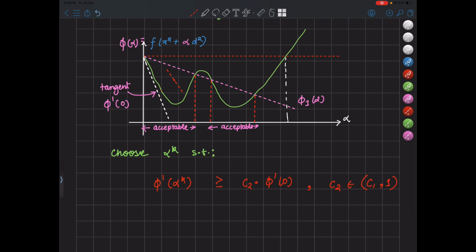Let's say we get the desired slope at this point, and similarly we'll get it in several other places, here, here, and that's it.